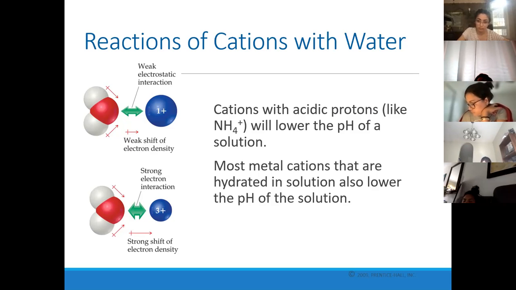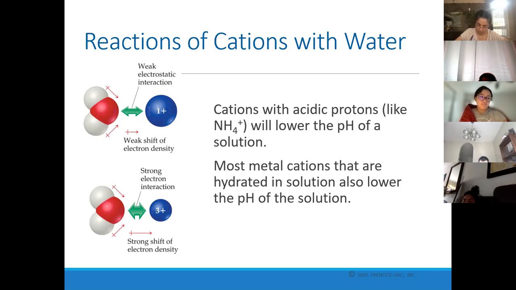The NH4+ will shove a proton onto water, generating the hydronium ion, lowering the pH.